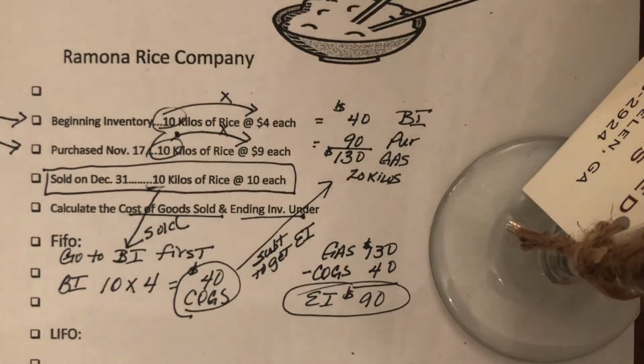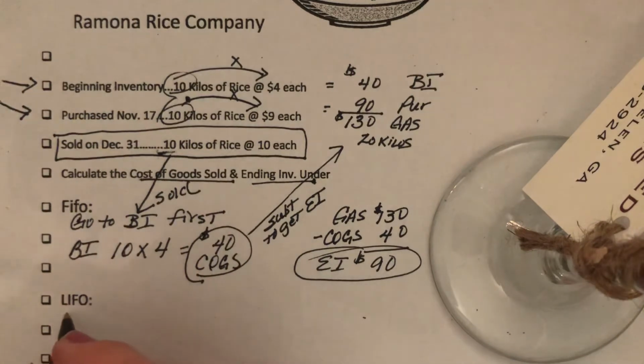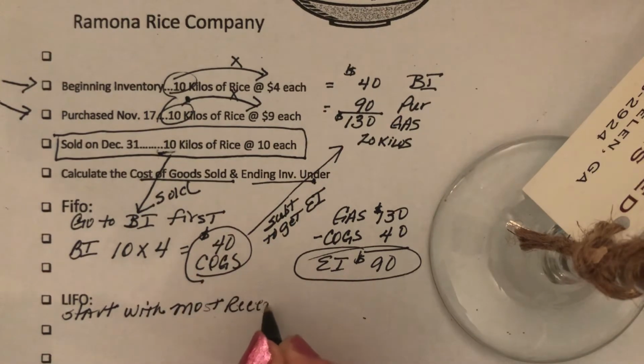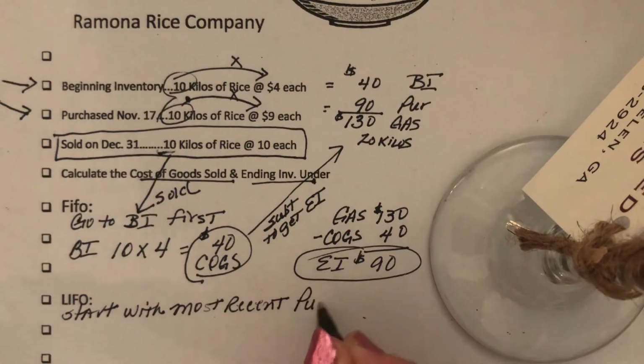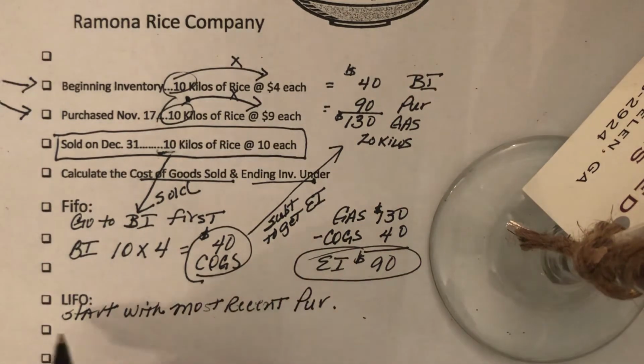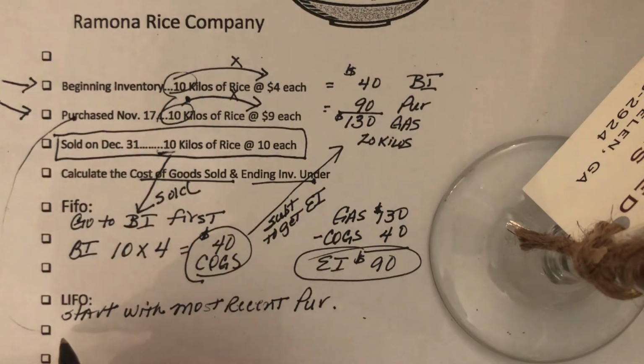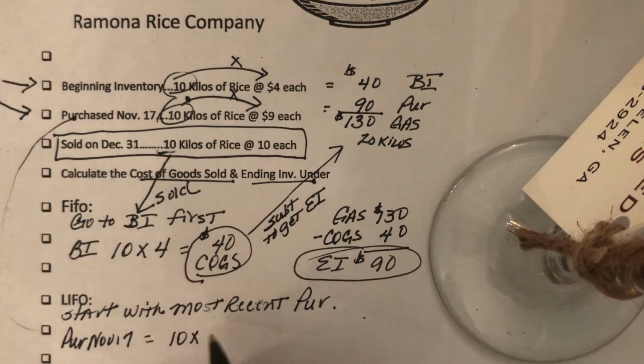Okay, so with LIFO, you want to start with the most recent purchases. So that would mean we're going to go all the way up here to November the 17th. And the 10 kilos that we're selling, we're going to cost them out at $9.